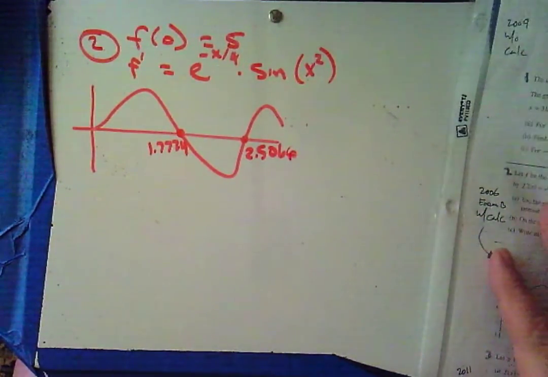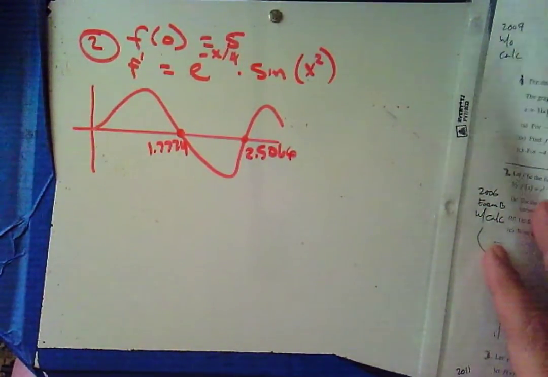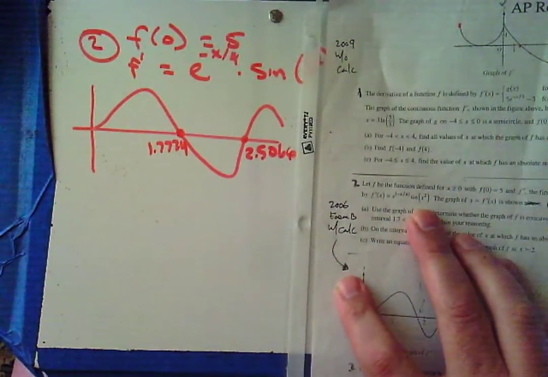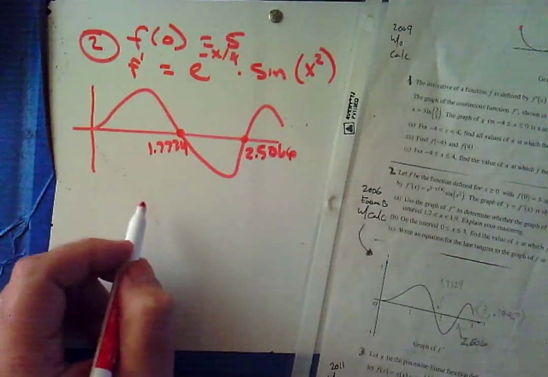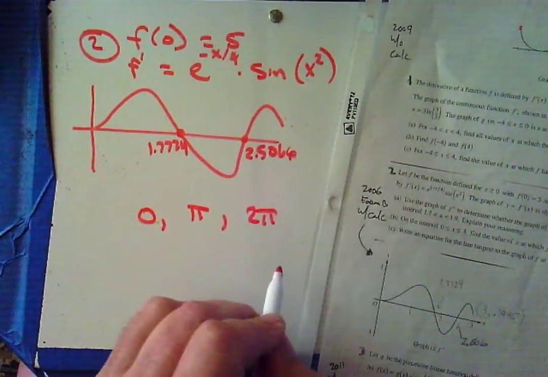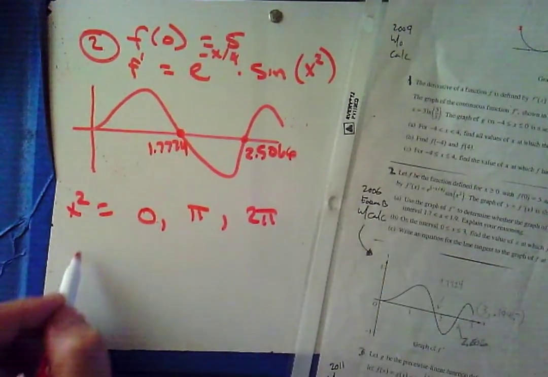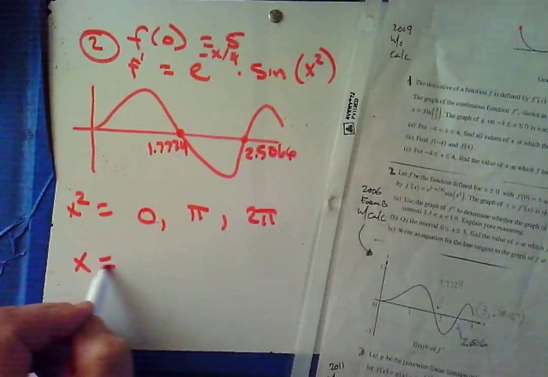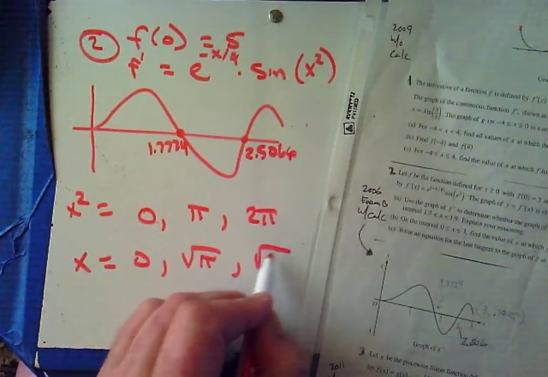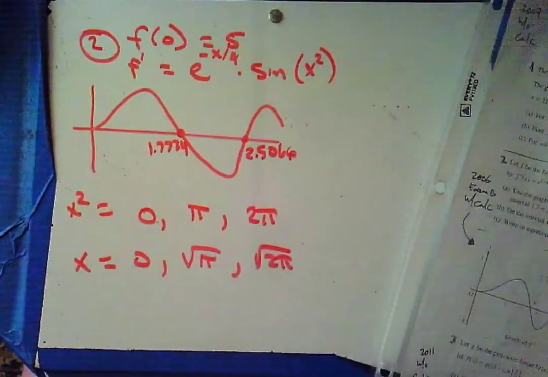Set each of these factors equal to 0, and this first factor is never equal to 0, so I'm wondering when sine is equal to 0. Sine is equal to 0 at 0 and pi and 2 pi, but that's what x squared equals, so I want to take the square root of these, which is 0, square root of pi, and square root of 2 pi. Let's just confirm that.